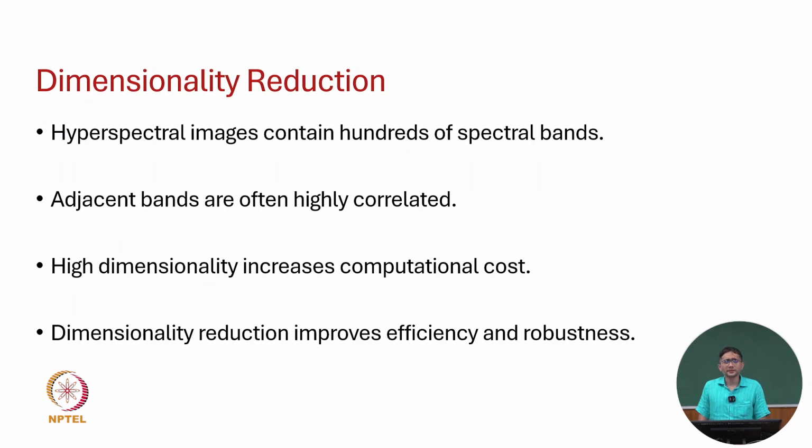Another important aspect, which I briefly mentioned already in hyperspectral image analysis, is dimensionality reduction. Recall that even with multispectral images, like Sentinel-2, sometimes depending on the specific application we're interested in, we choose a particular number of bands.